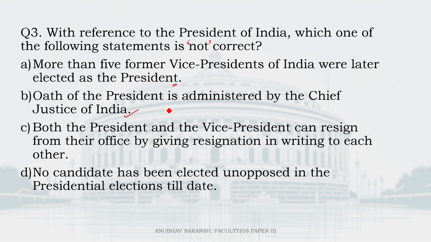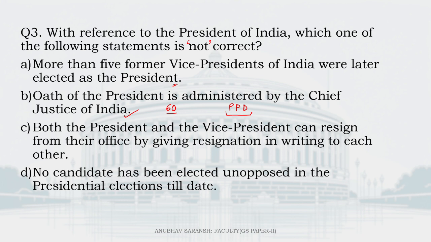Why? Because as per Article 60 of the Indian Constitution, the president is administered the oath by the CJI, and he does take the oath of what? To preserve, to protect, and to defend the Indian Constitution. This means the statement is correct, cannot be the answer.